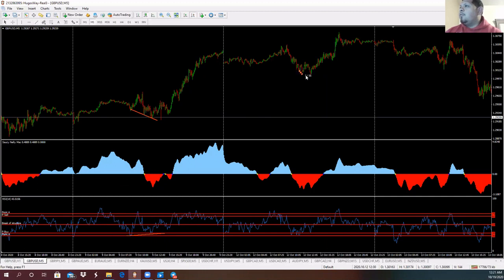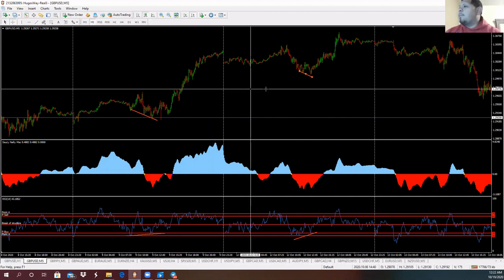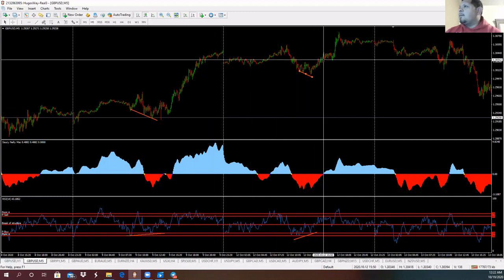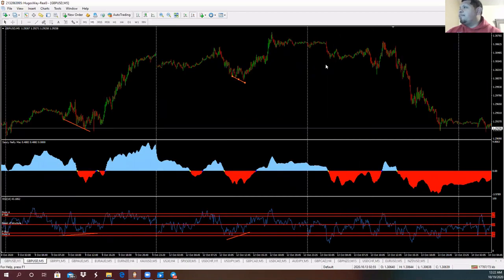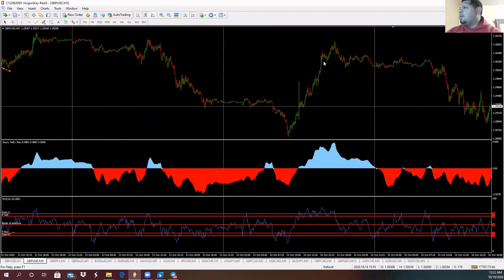Another bullish low and lower low on price, low and a higher low on the RSI. Saucy Nelly Mac issued my buy, 15 to 20 target hit.